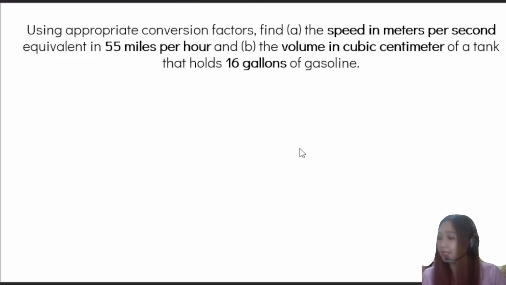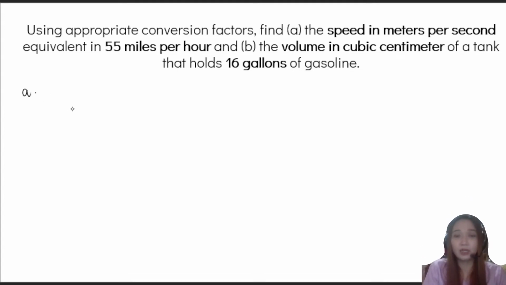Okay, so let us try answering this problem. Let's start with the first unknown, letter A. So we are going to find the speed in meters per second, which is equivalent to 55 miles per hour.